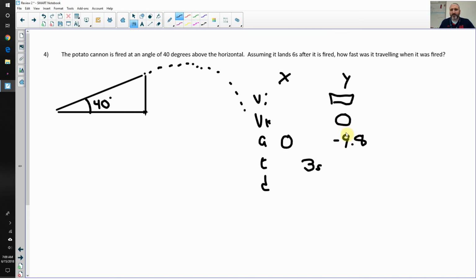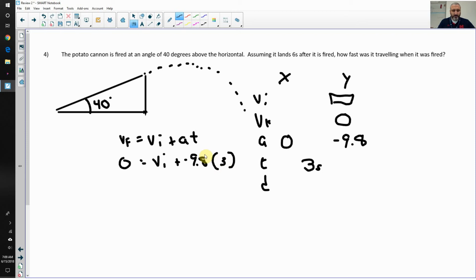So I know a final velocity and an acceleration and a time. I'm looking for a VI. So let's use the old VF equals VI plus AT. Final velocity is 0. VI is what we're looking for. A is negative 9.8, and time is going to be 3.